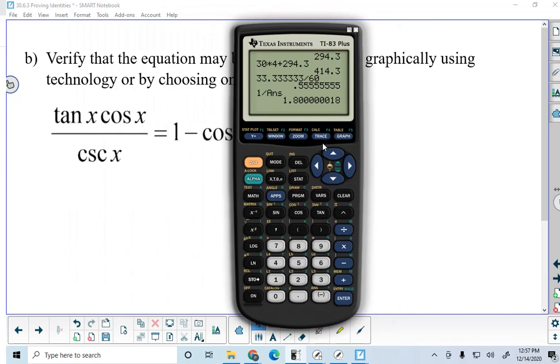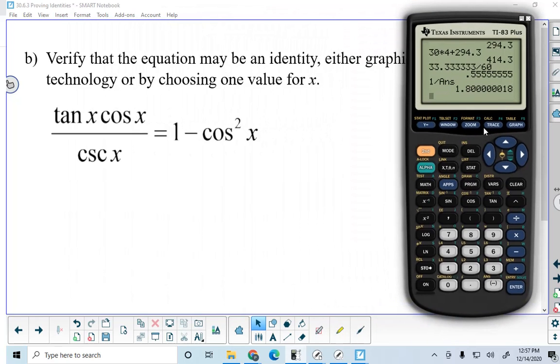I don't want to start plugging in numbers. It doesn't really matter what mode I'm in. I happen to be in radian mode. For y1, and this gets tricky, I am going to enter the left-hand side of this equation. So I'm going to have tangent of x multiplied by cosine of x, and then I have to divide by cosecant, but as you know by now, we don't have a cosecant function on our calculator.